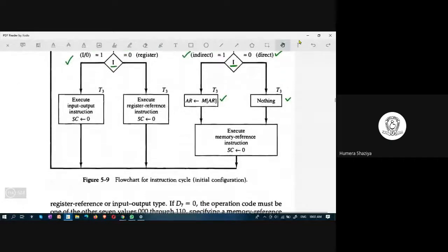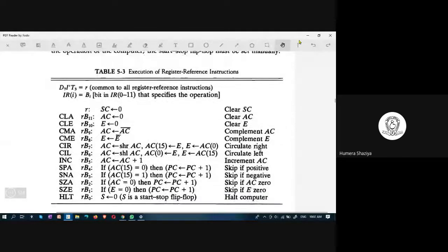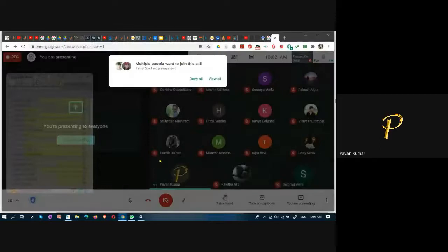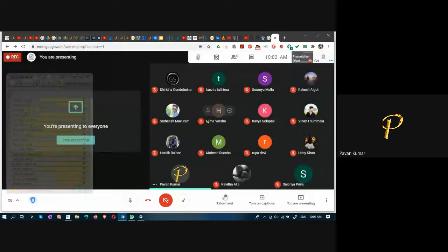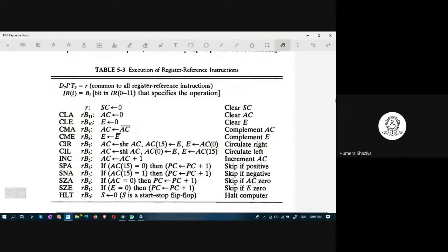We did the flowchart for the instruction cycle. We will begin with register reference instructions. We have already learnt that there are 12 register reference instructions.